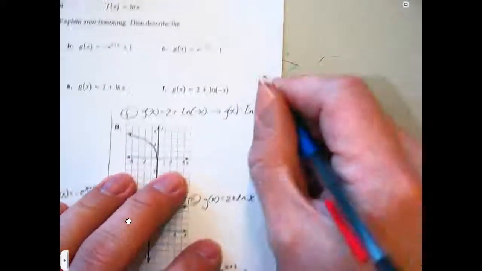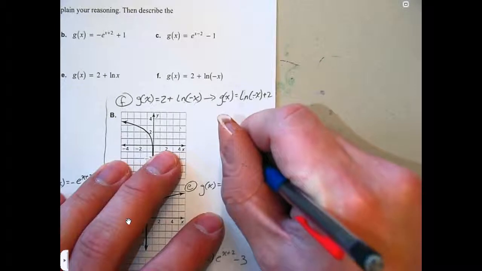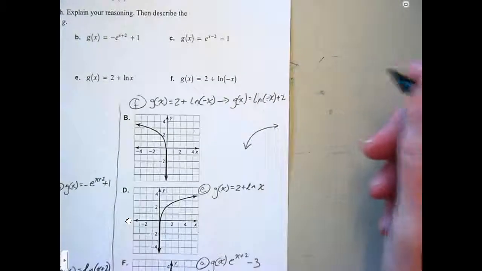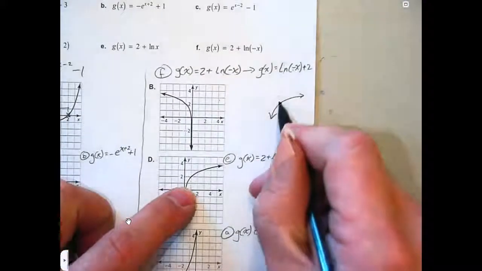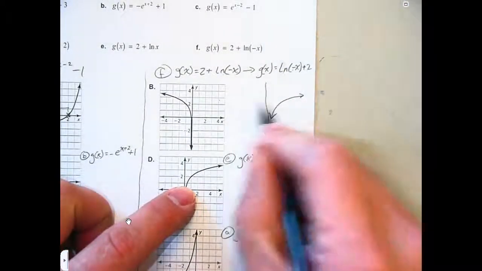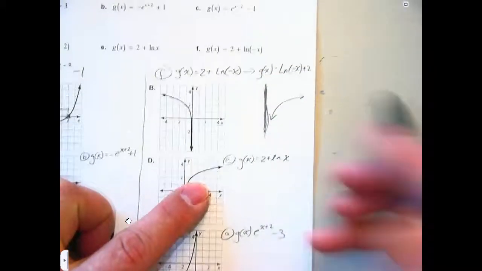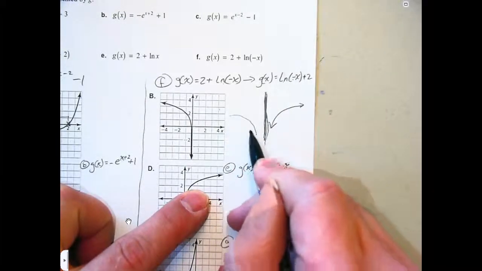Over the y-axis. So first you have to know that a natural log, or a log graph, which this is, does this, versus a growth graph, which does something like that. So this graph started something like that. Here's the y-axis. I know it's not an amazing y-axis. And then we flip it. It's now over here.